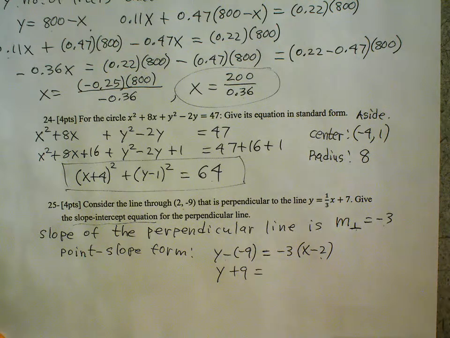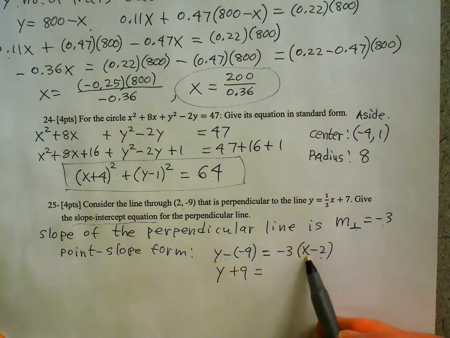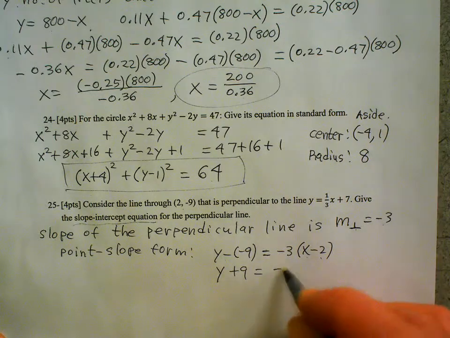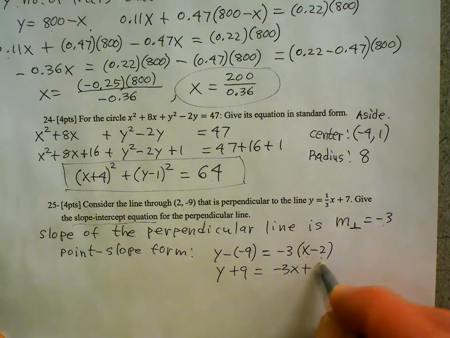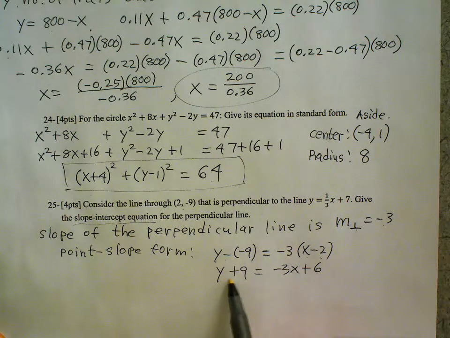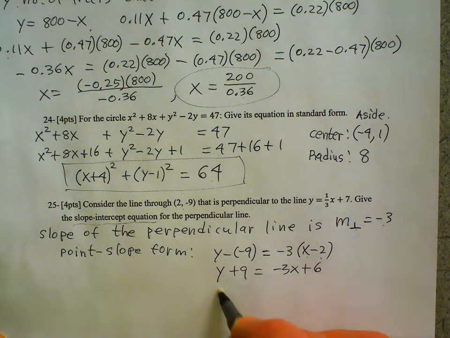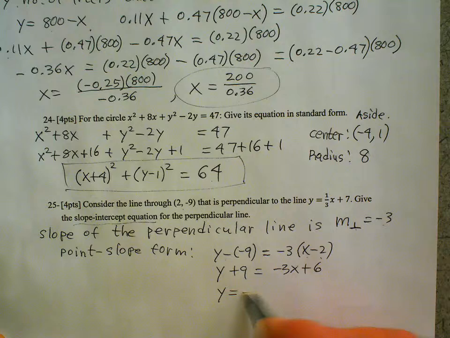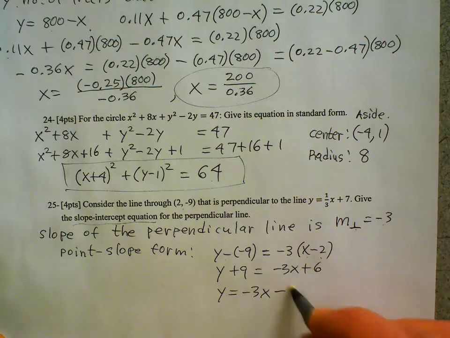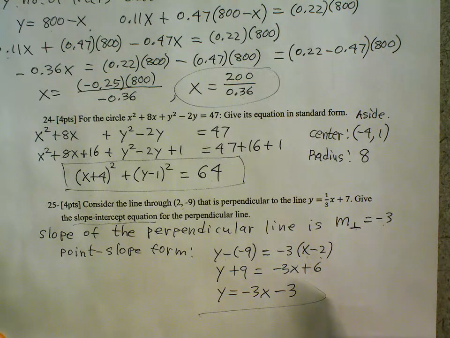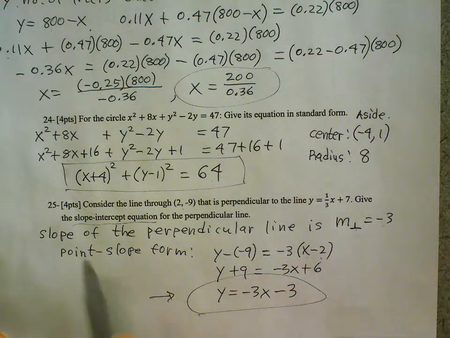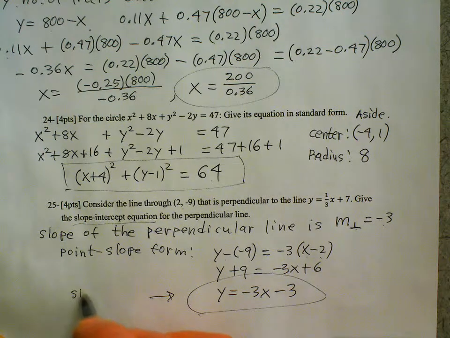And on the right-hand side, -3 times the binomial x minus 2 is -3x plus 6. And then to get it into the slope-intercept form, now we can subtract 9 from both sides. And we get y equals -3x minus 3. So that is the slope-intercept form.